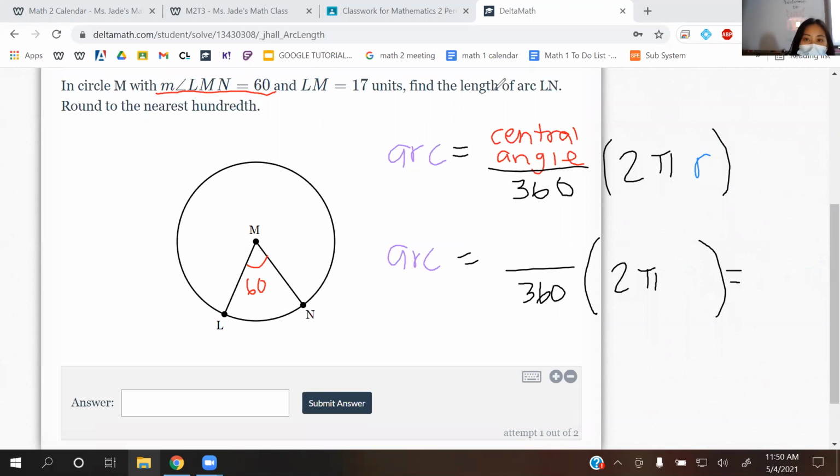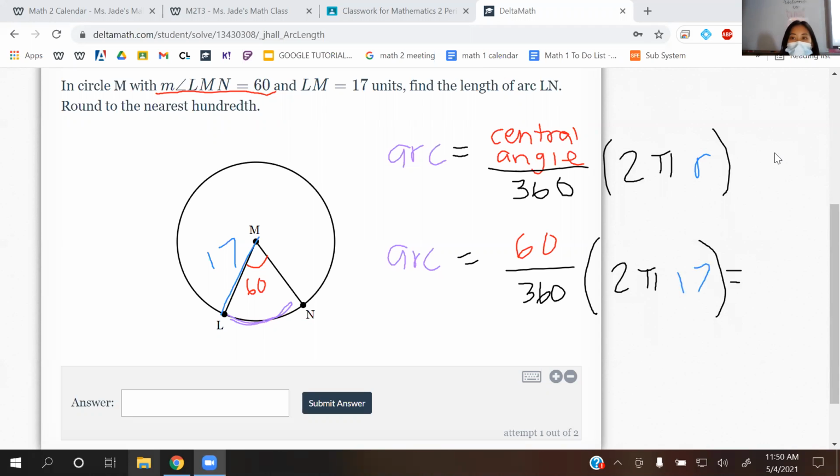The measure of LM, that's 17 units. And then we're finding the length of the arc LN. So the arc is equal to, we still have the same old formula, so that's why I didn't erase it.